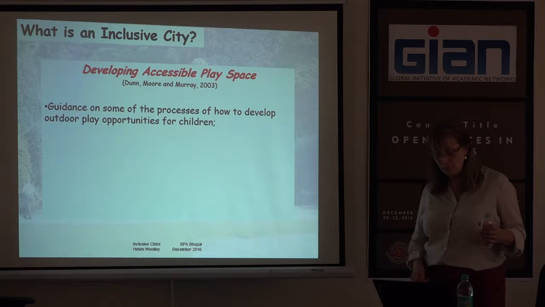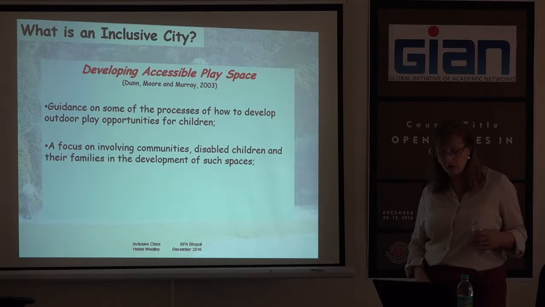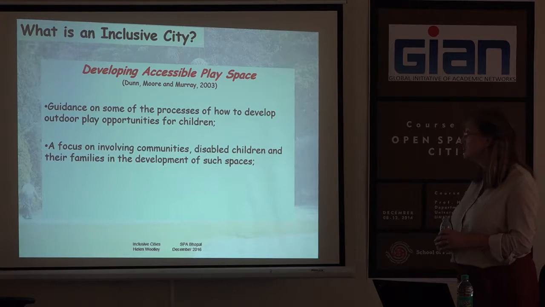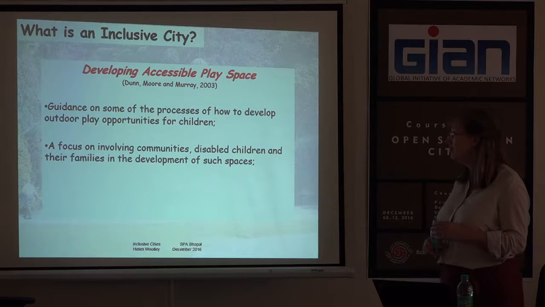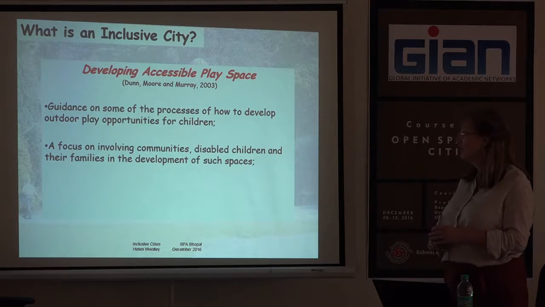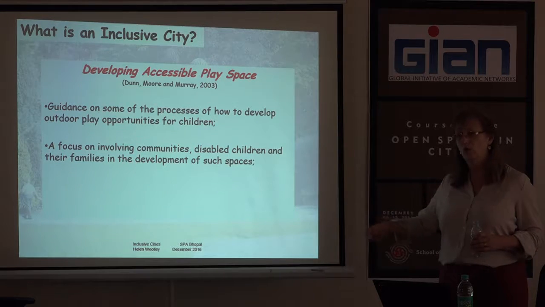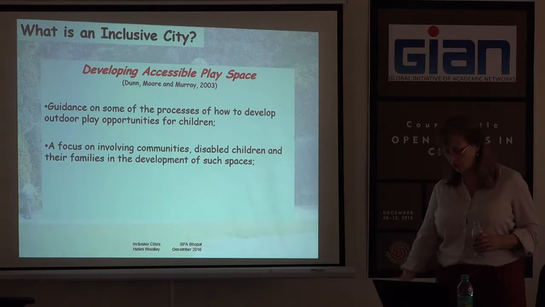So, some very good information in that it had a focus of involving communities and talked to disabled children, their siblings, their families in the development of the spaces, but it was very much focused on that rather than what do you do when you get to the design stage.